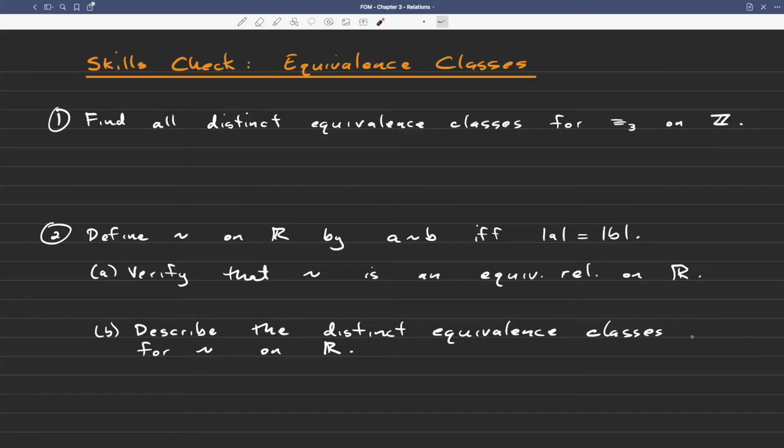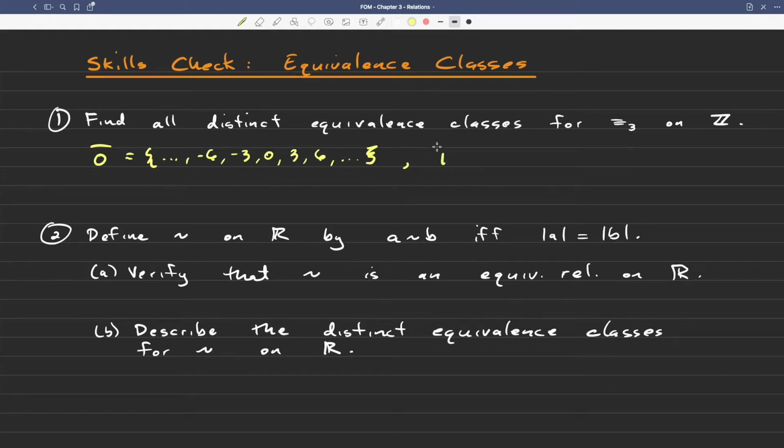All right, welcome back. If you thought about the example we did for congruence modulo 5, we noticed that the equivalence class of an element was just the set of elements that had the same remainder. Now, since we're doing modulus 3 here, our distinct possible remainders are 0, 1, and 2. And so that corresponds to exactly our equivalence classes. So we get 0 bar, which gives you just all the multiples of 3.